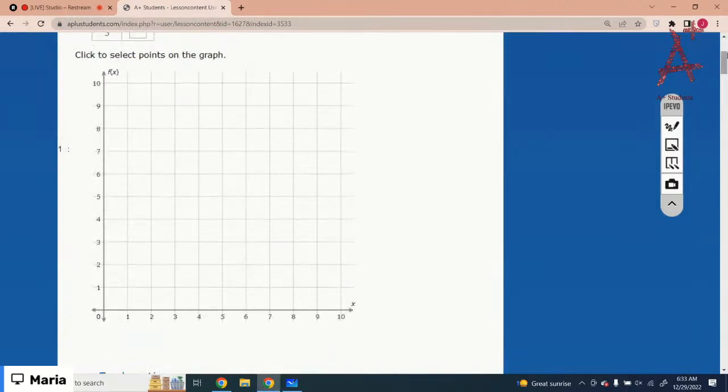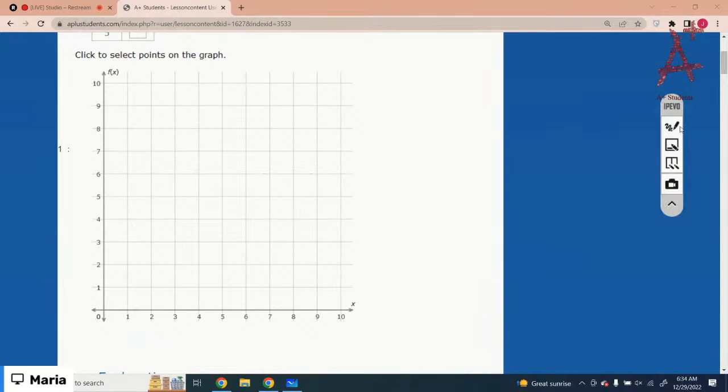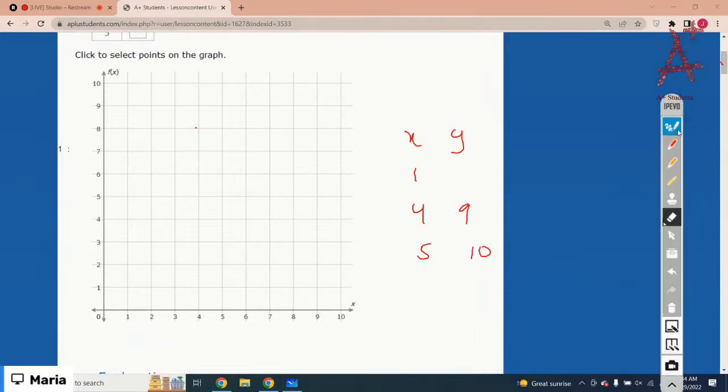X and 1 and 6. X is 1, y is 6. X is 4, y is 9. Here it is. X is 5, y is 10.